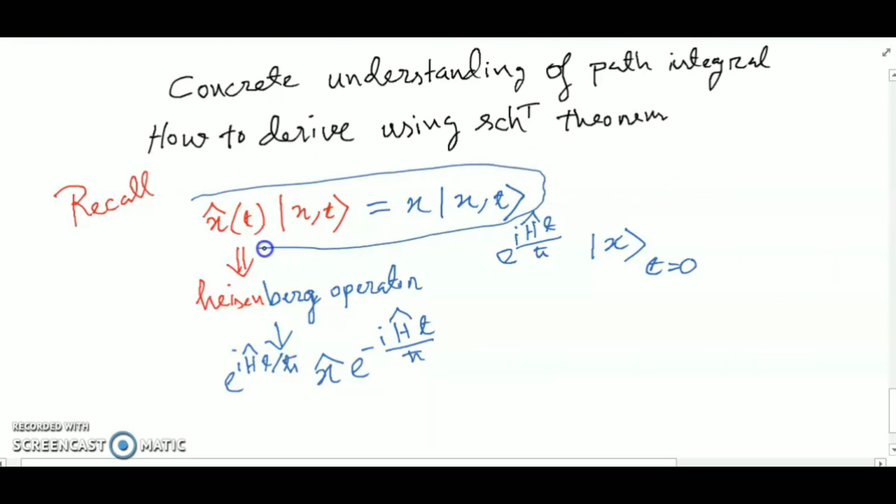So at a particular time t, the Heisenberg operator has eigenvalue x. Now, if you go to t equals to 0, you take the corresponding Heisenberg operator and corresponding state, then the operator has the same eigenvalue.